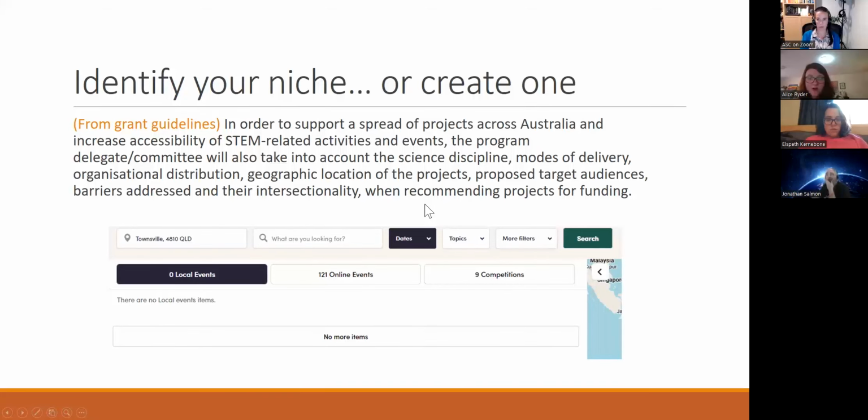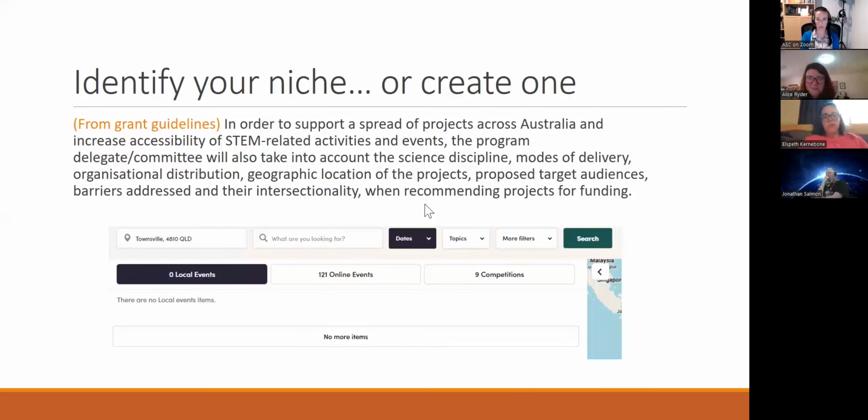So they will not recommend 30 projects that are all about helping preschool-age kids learn about bugs. They want to have a mixture of events, a mixture of different axes.